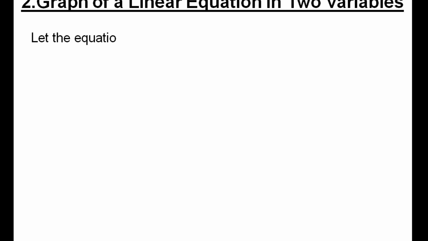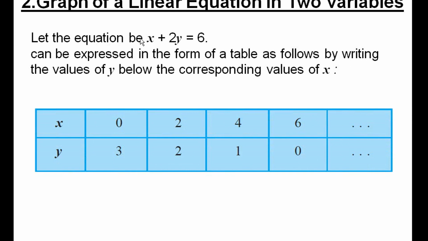An equation be x plus 2y equals to 6. Now this equation can be put in the form of a table as follows, by writing the values of y below the corresponding values of x.